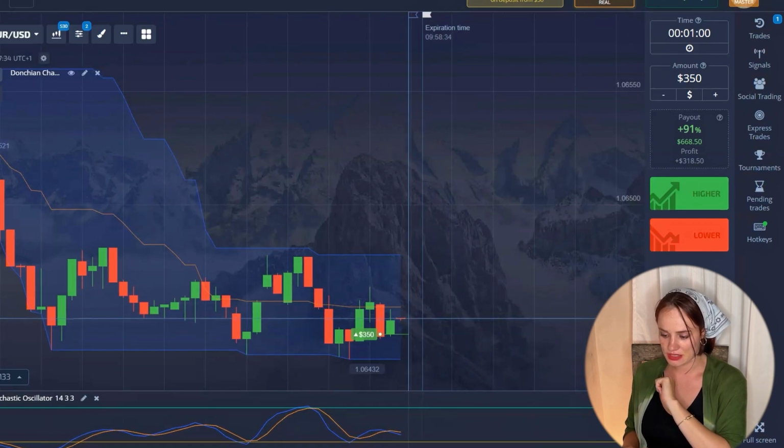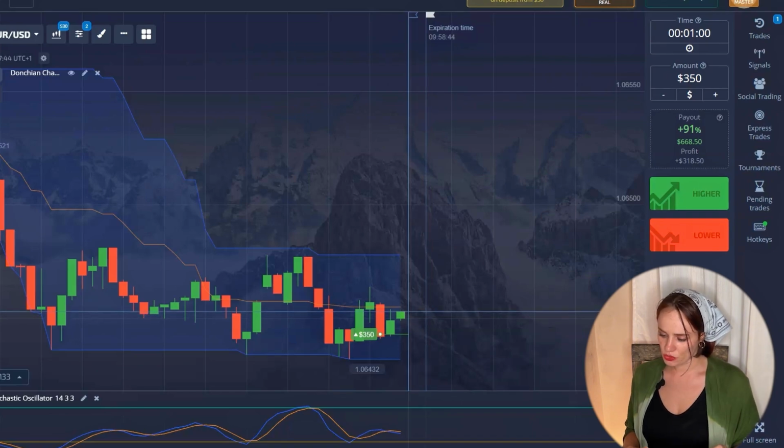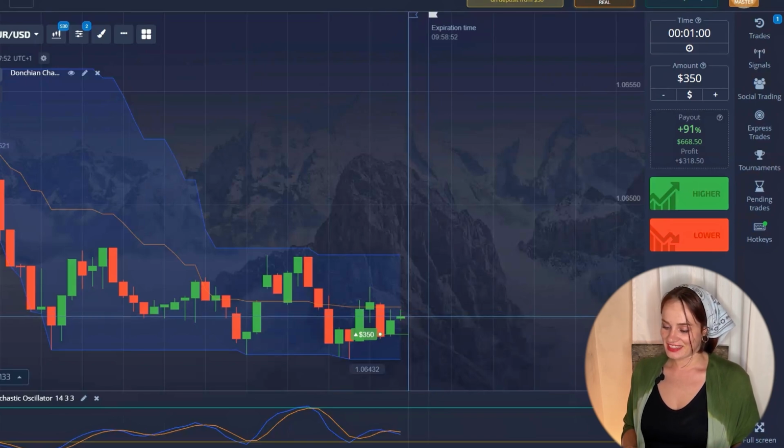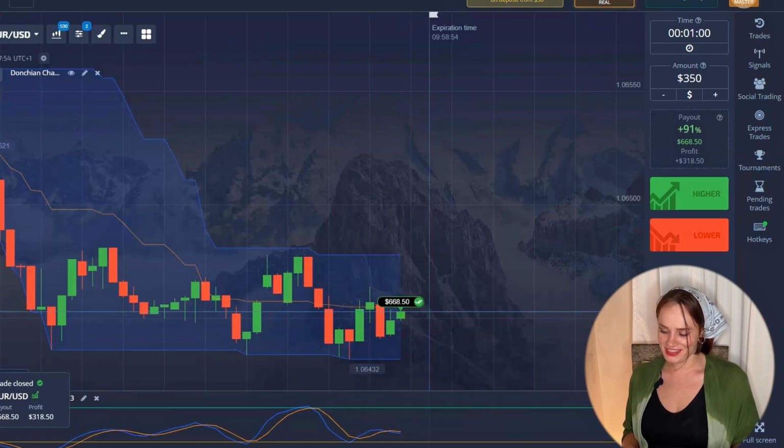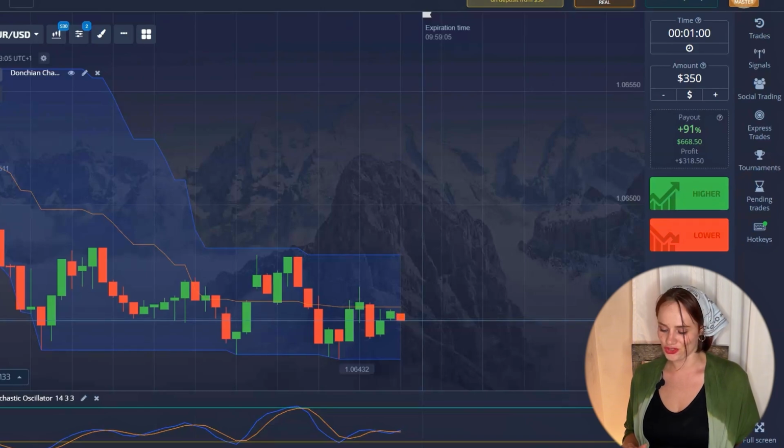Its movement is minimal, but the growth of quotations remains. Fluctuations begin, directed towards the middle line of the Donchian indicator. The time of the transaction ends, and we get $318.5 profit again. As you can see, nothing complicated, and this concludes our trading session today.